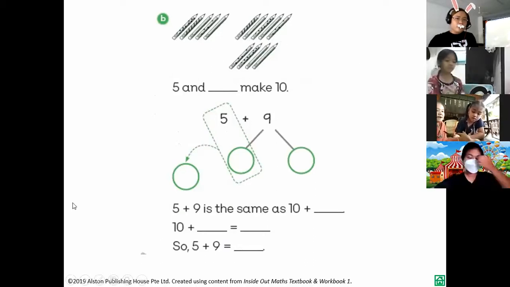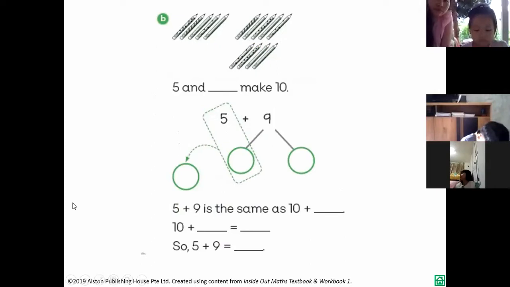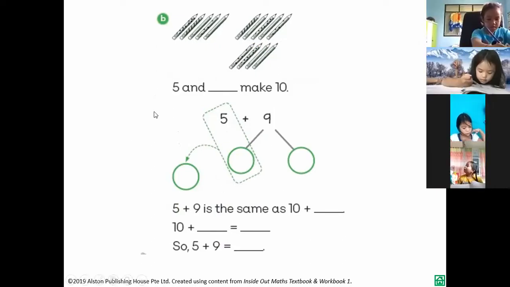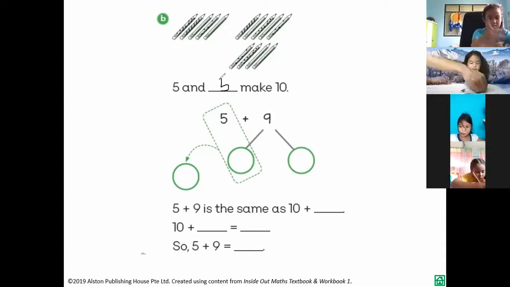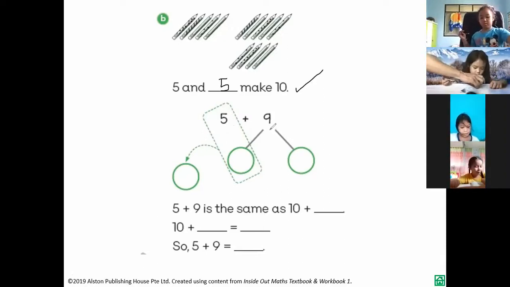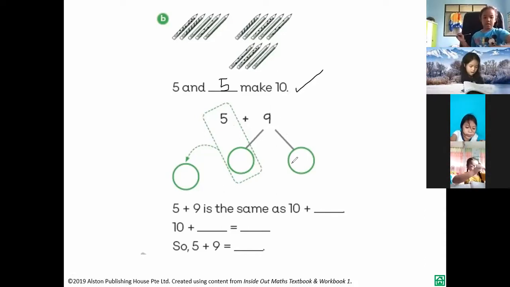I want to choose Saimai. 5. Okay, so we have 5. 5 and 5 make 10. Okay, very good. What are the numbers so we can make 9?